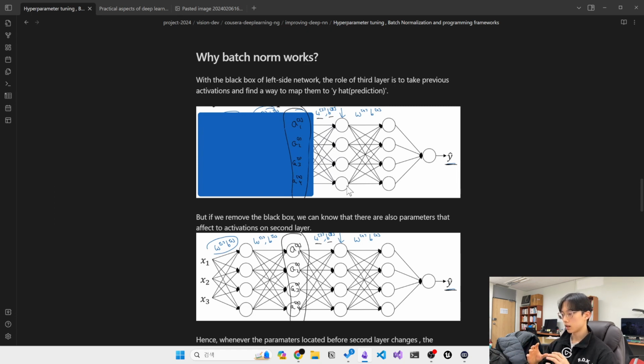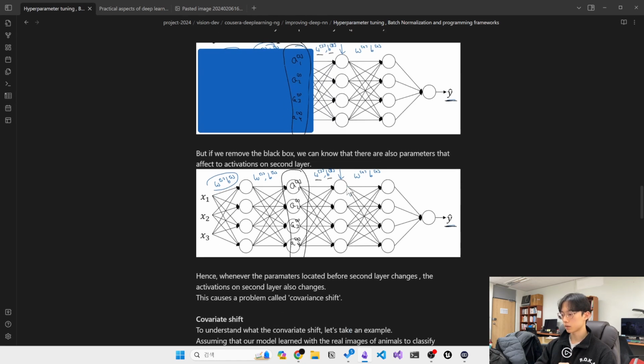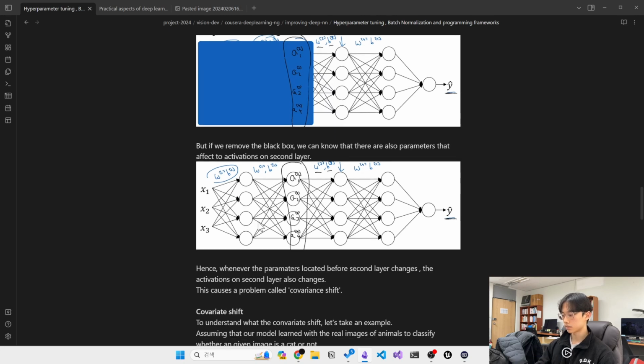But if we uncover the black box, we can see that there are also parameters that impact the previous activations before the third layer. So if the input parameters change before the second activation, the later activations can also change.